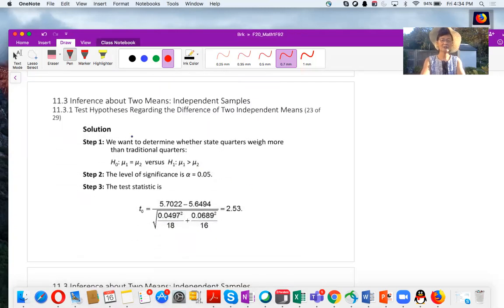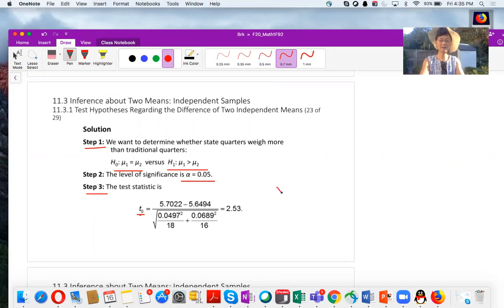So, 3 steps. Step 1, null hypothesis, mu1 equal to mu2. Alternative hypothesis, mu1 greater than mu2. Step 2, specify level of significance alpha. Step 3, calculate test statistic.